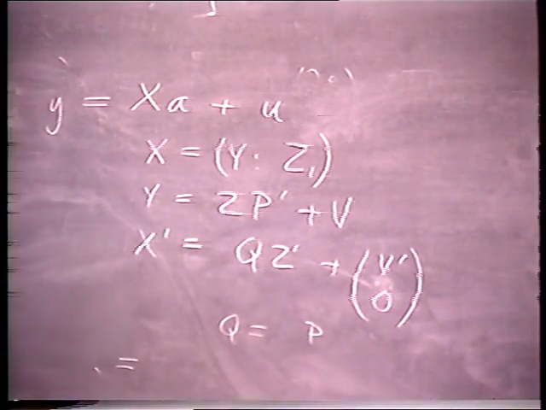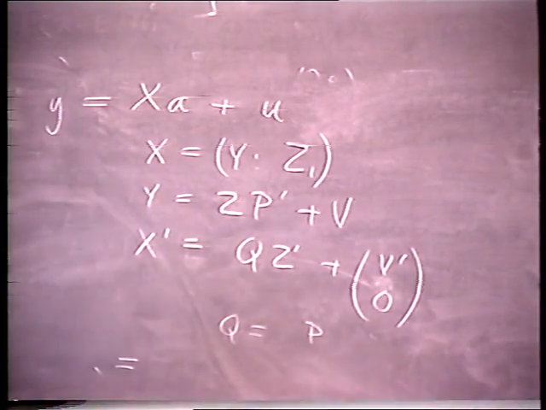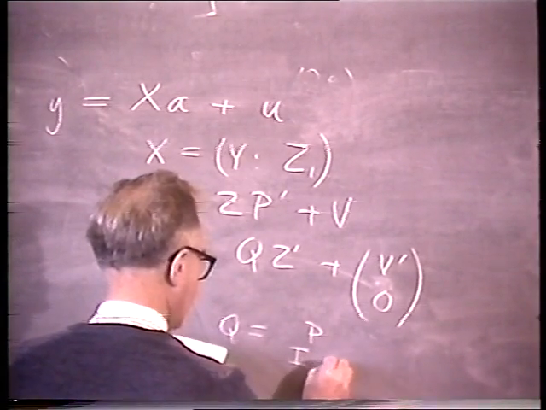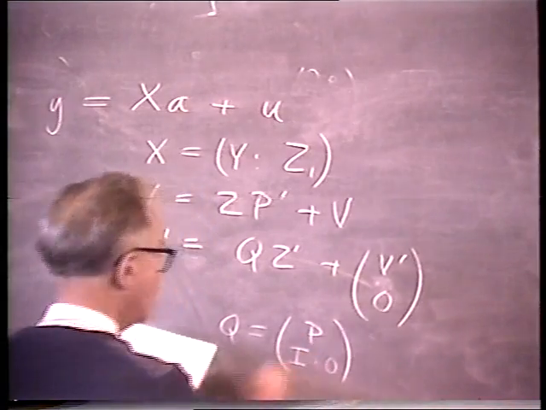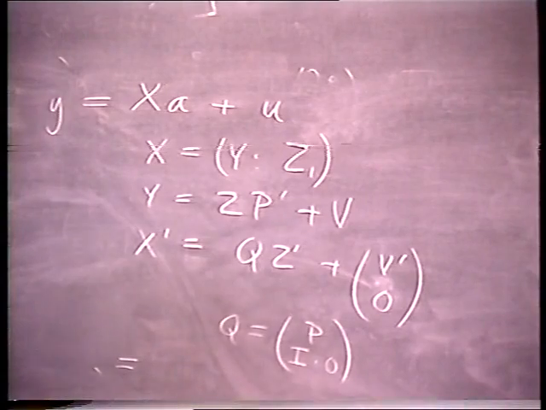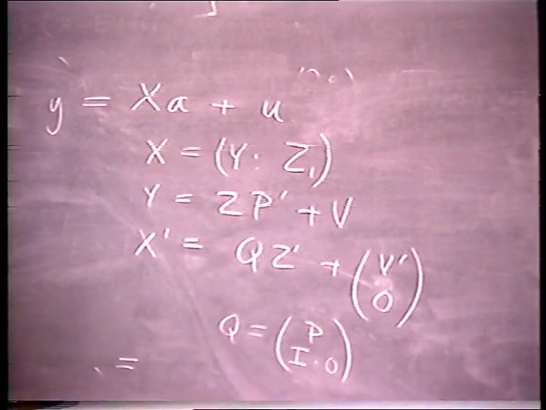the reduced form coefficients p as the first block, and then the unit matrix which picks out z1 from the complete set of variables z, followed by a zero matrix.